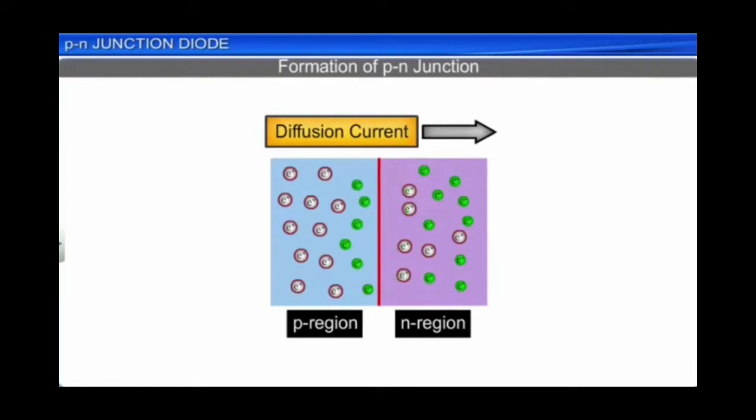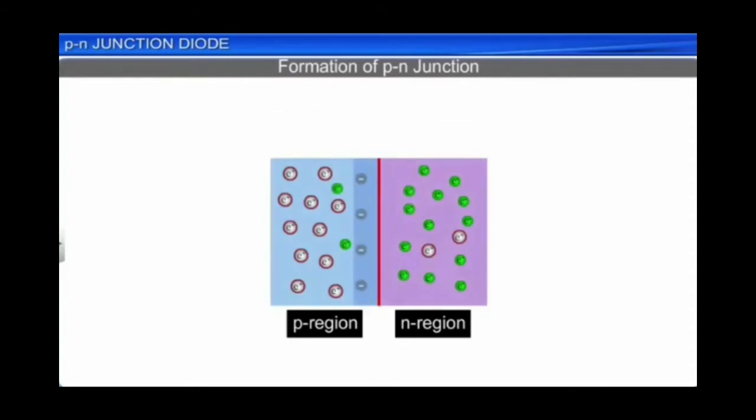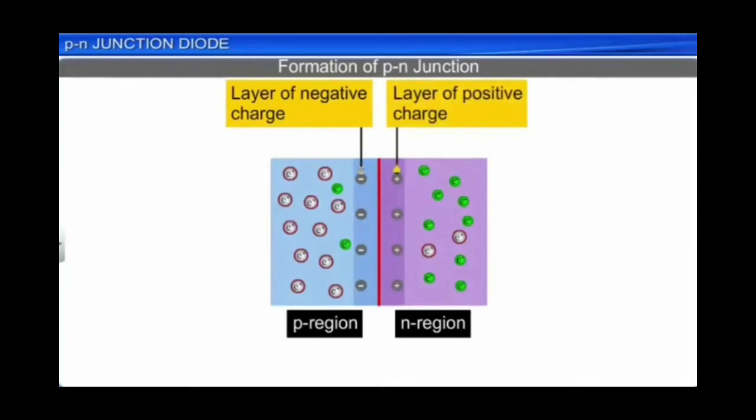This crossing of majority charge carriers takes place in the nearest vicinity of that boundary, in the middle. So, when holes diffuse from P region to N region, the acceptor atoms will be in the negatively charged state. So, because of the diffusion of holes, there will be a layer of acceptor atoms which are negatively charged on left side of the boundary.